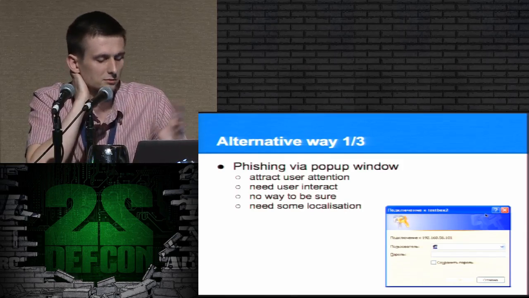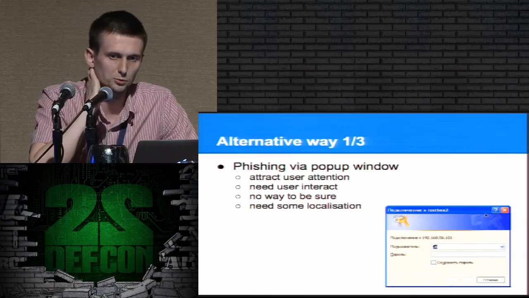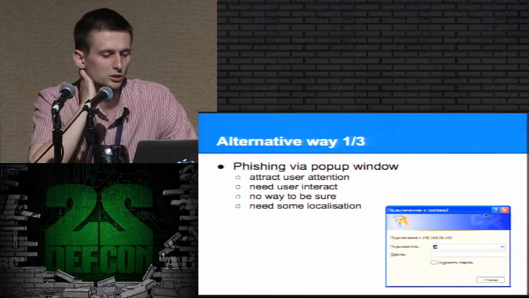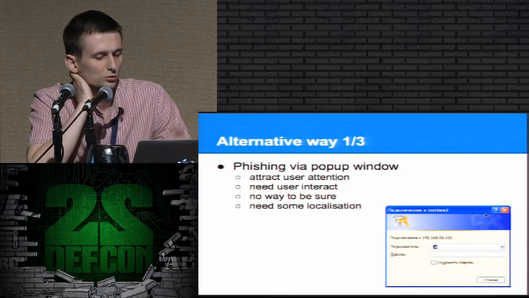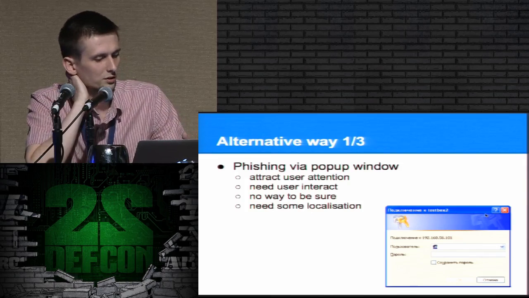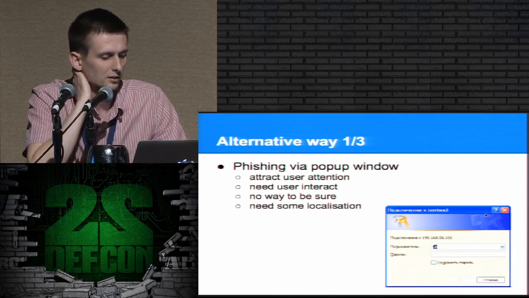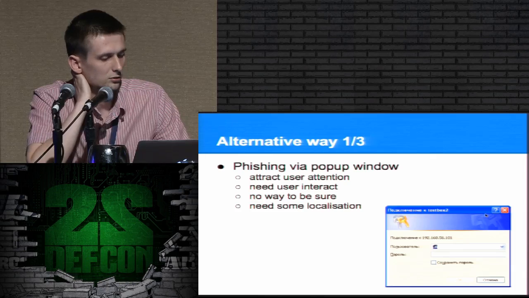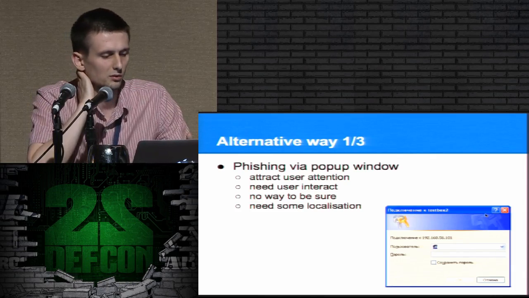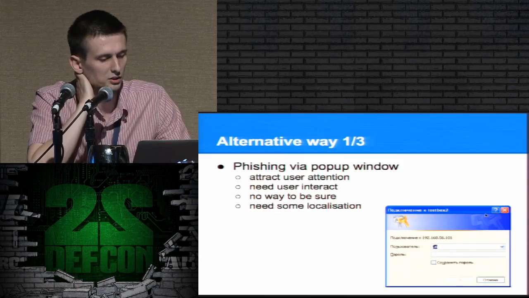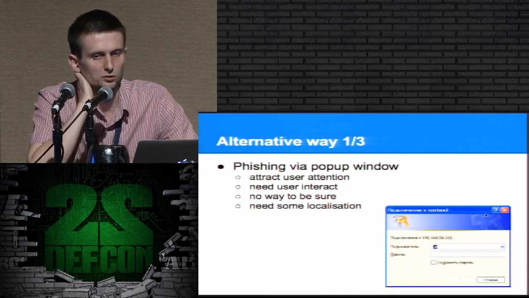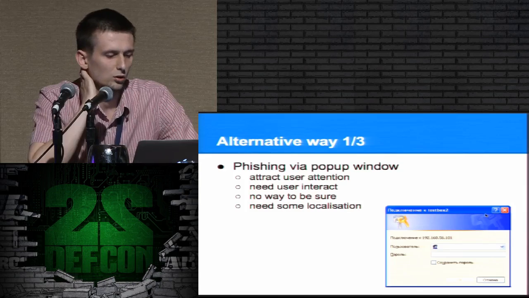But just imagine you're exploiting computers somewhere in Russia or China, you couldn't pop up a window with the correct letters, so a native speaker will notice those letters, will not be tricked, and will not enter his password in that window, so you'll fail.